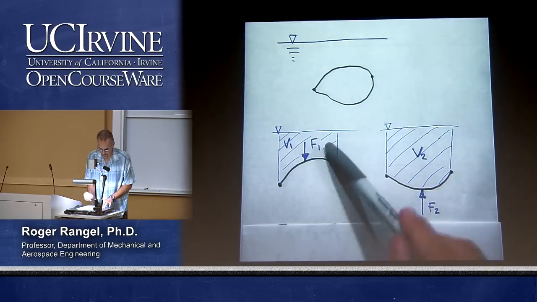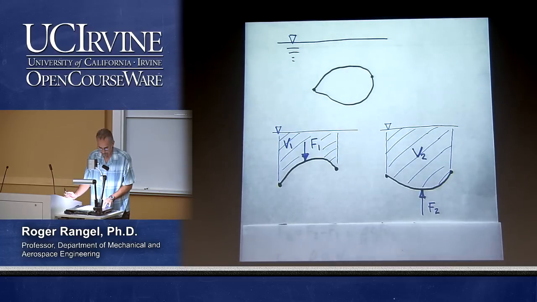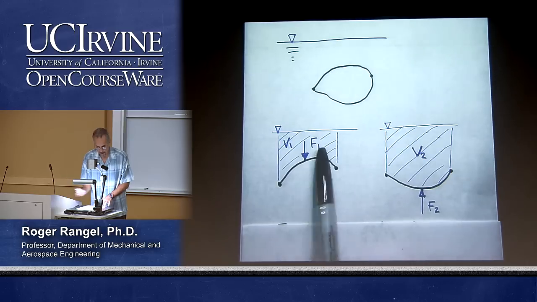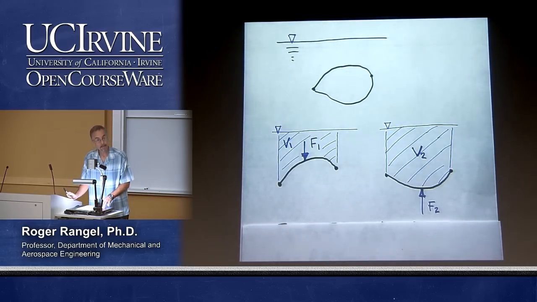So I shaded this liquid in blue, and if I compute the weight of that liquid, then that gives me the force that I'm calling now F1, which is the one acting on the top half of this object.